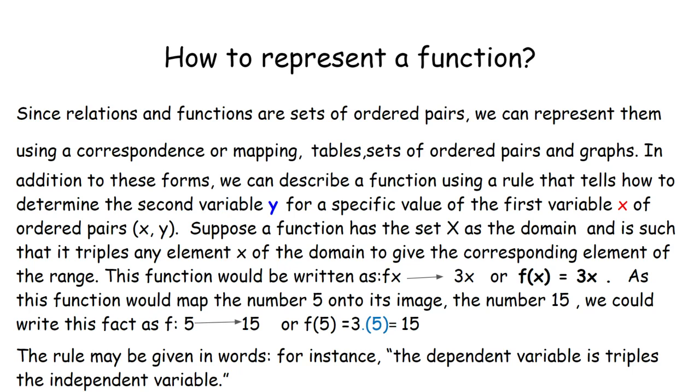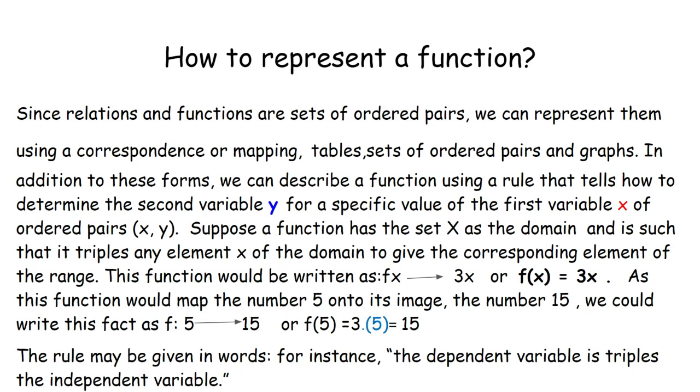As this function would map the number 5 onto its image, the number 15, we could write this fact as f(5) corresponding to 15, or f(5) = 3 times 5 = 15.